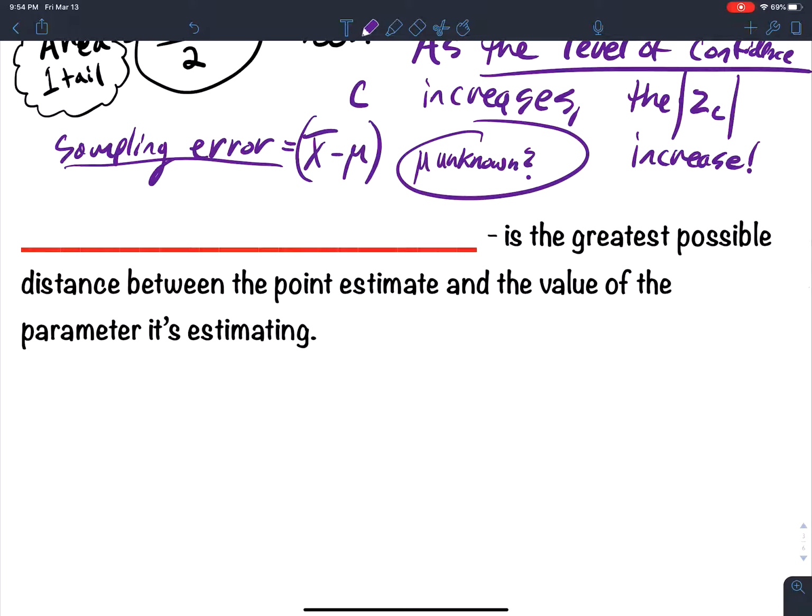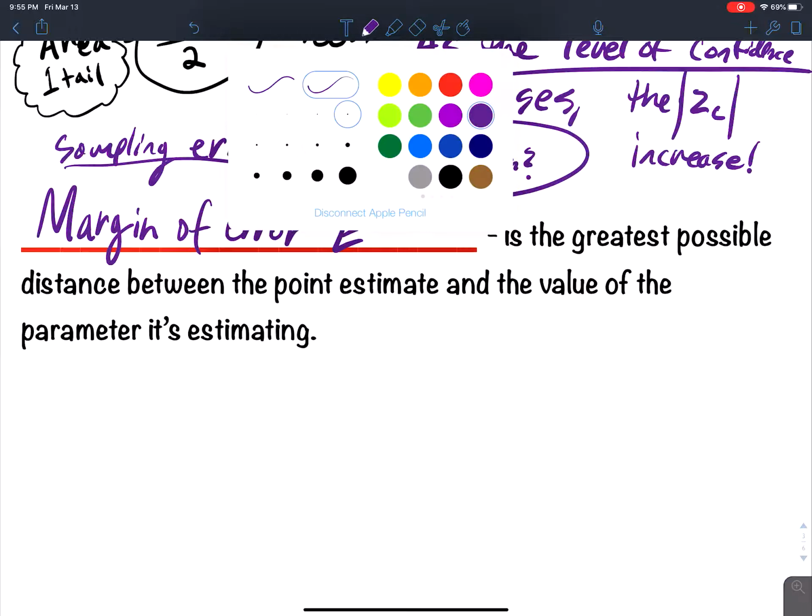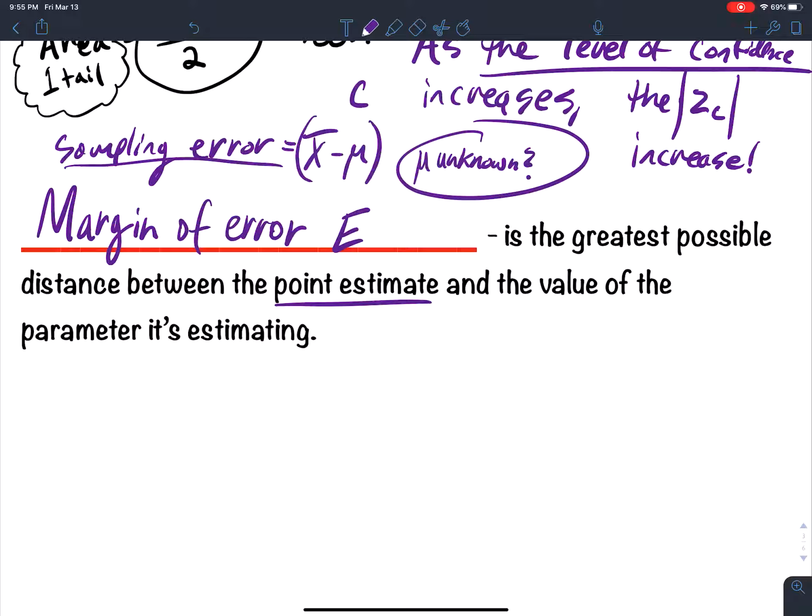All right, so the margin of error, this is a big deal right here, guys. Make sure you know it. Margin of error. You will be asked to calculate many of these things we've talked about in this little video for your test. So margin of error is the greatest possible distance between the point estimate and the value of the parameter it's estimating, okay?